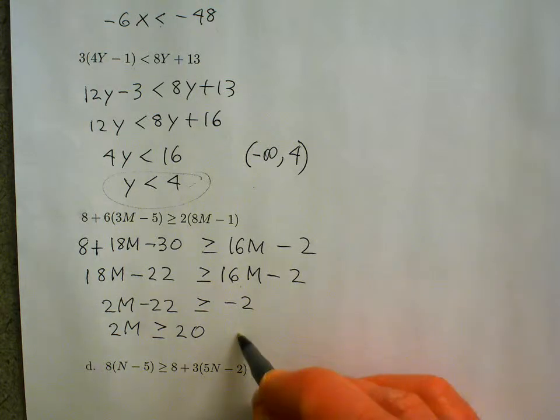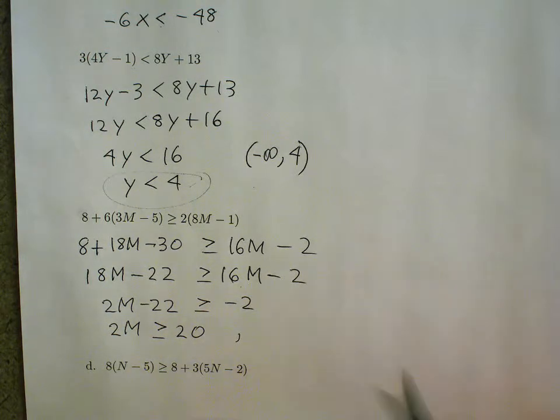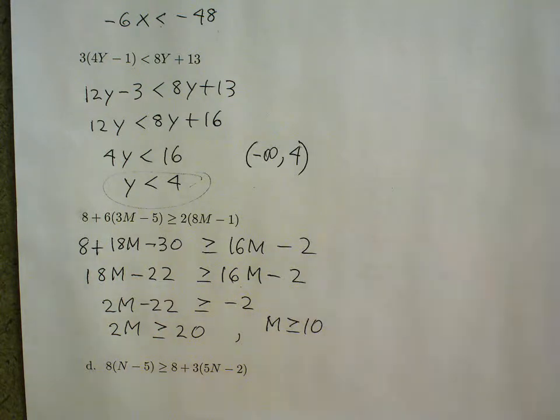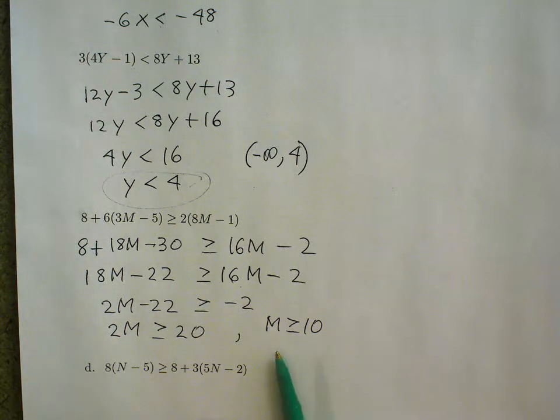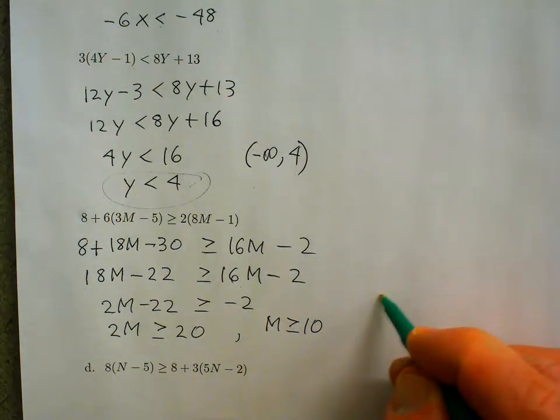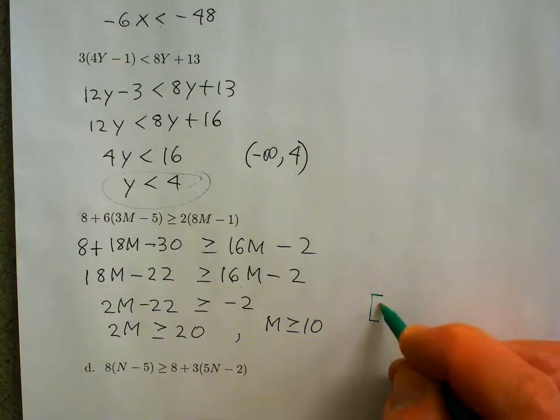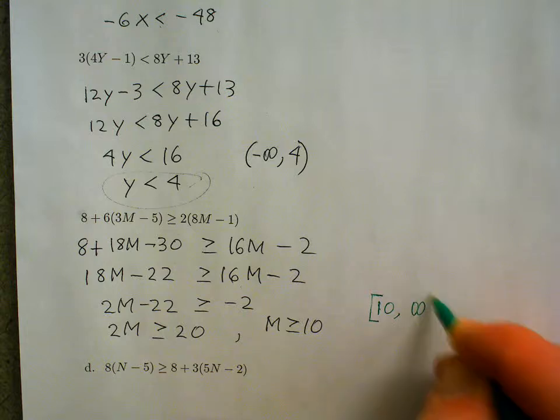And then lastly, divide both sides by 2, we get m is greater than or equal to 10. In interval notation, if m is greater than or equal to 10, we put a bracket that opens to the right, then 10, comma, infinity.